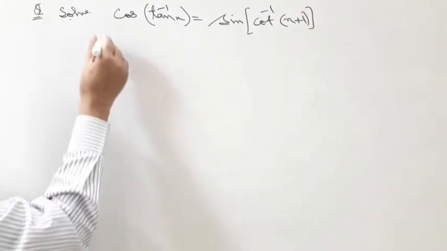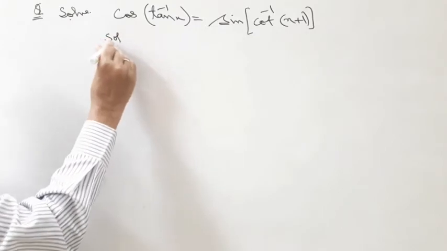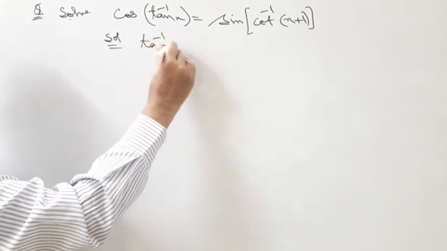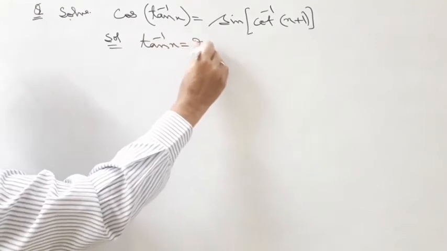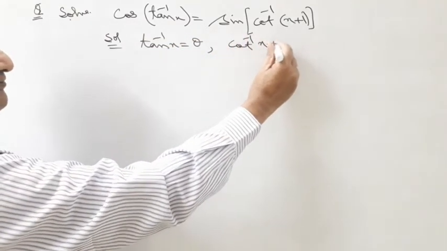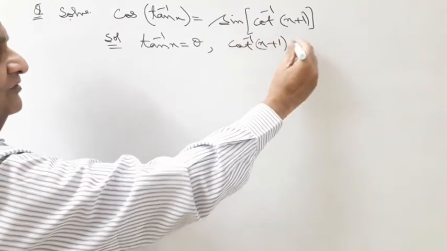Therefore, the solution for this is: tan inverse of x, you say theta; cot inverse of x plus 1 is equal to phi.